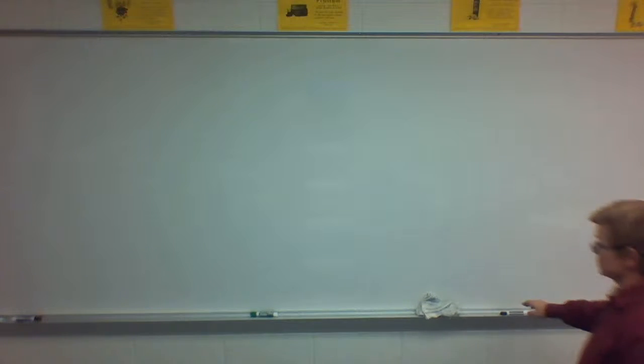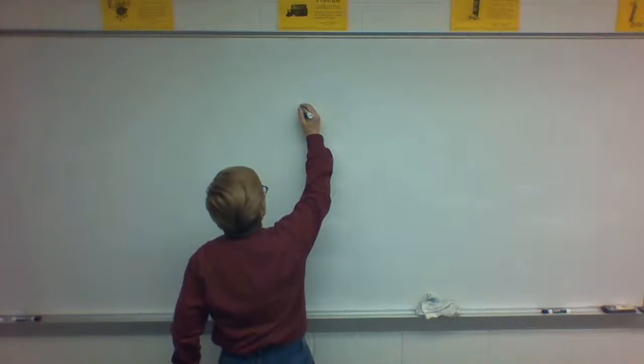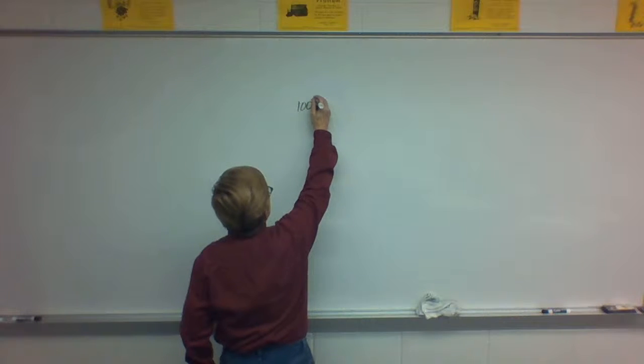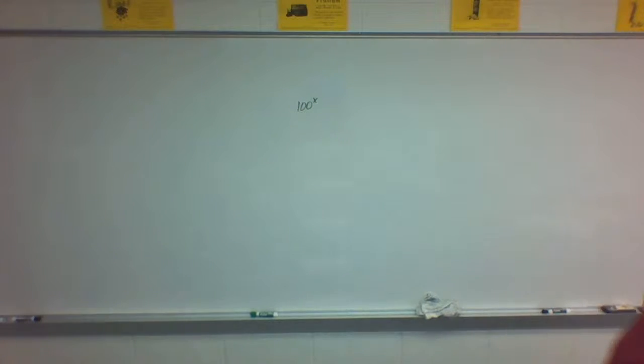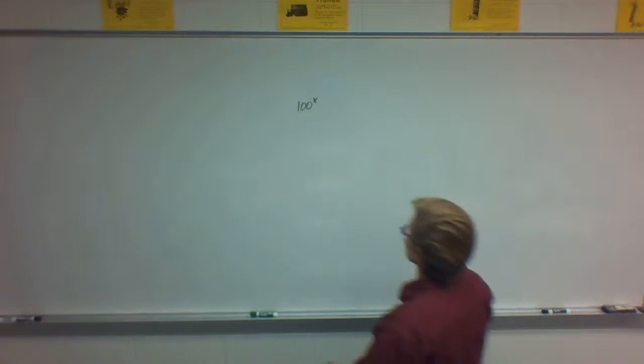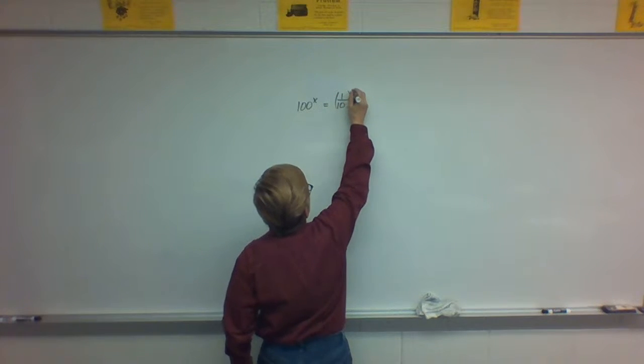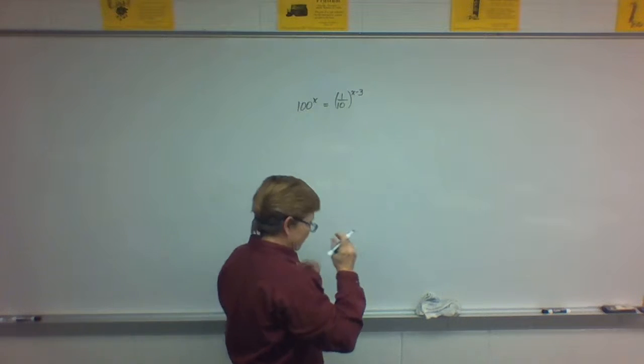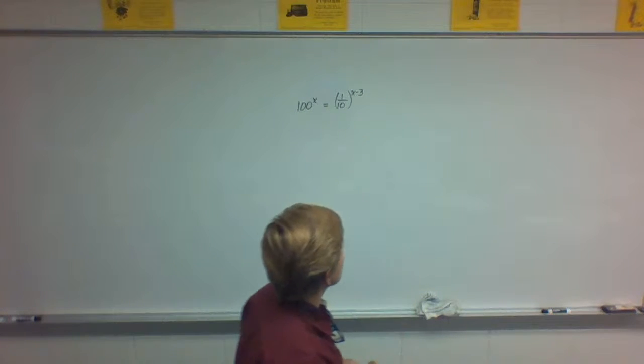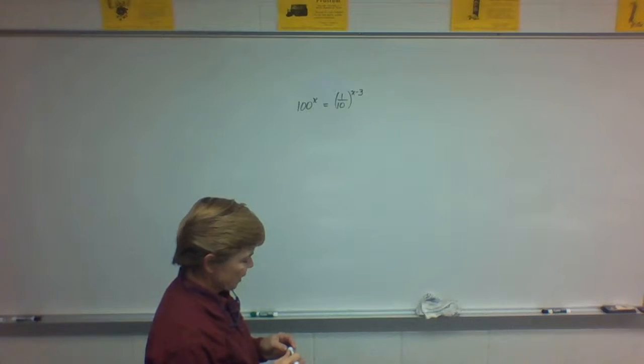So here we go. The very first equation is 100 to the x equals 1 over 10 to the x minus 3. There's that x that's inaccessible algebraically, and there's another one. Now, all that talk I just told you about, you could change both of these to logarithms, by the way.